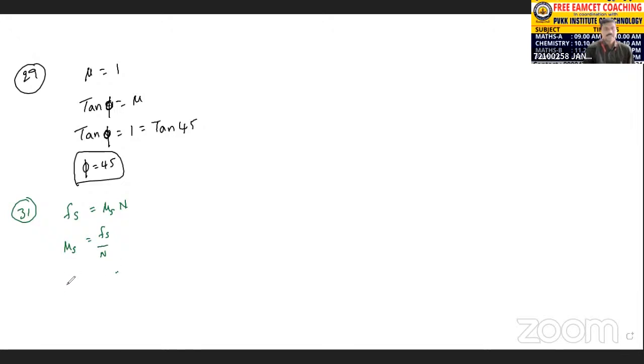So mg, the weight, is given. Mu s is equal to the weight, 20, by, since each hand exerts 40, 40.